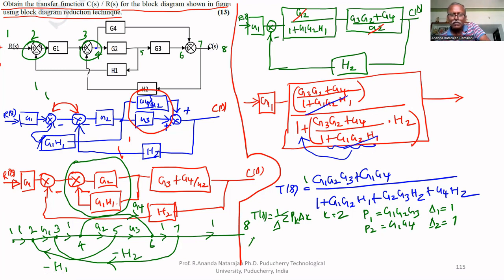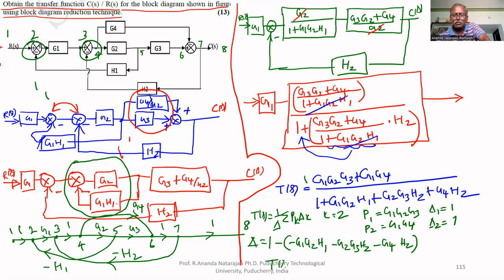Now we have to find delta. How many loops are there? 3 loops are there. One is G1 G2 H1, which is minus G1 G2 H1. Another loop is G2 G3 H2. We have one more loop, that is G4 H2, minus G4 H2. There are no non-touching loops.